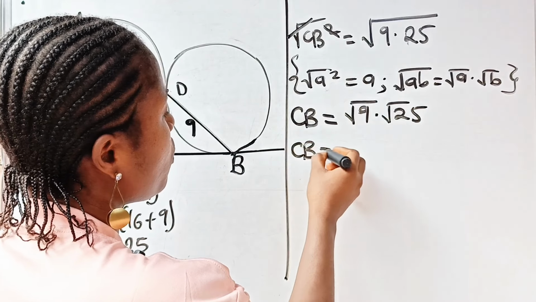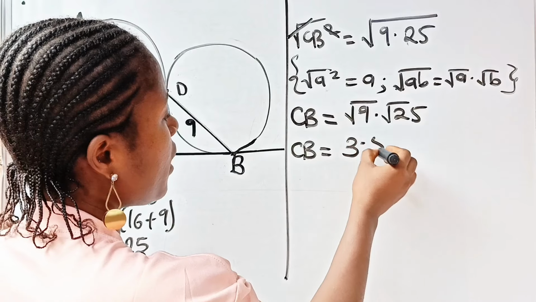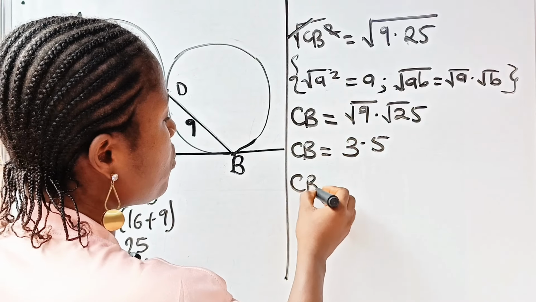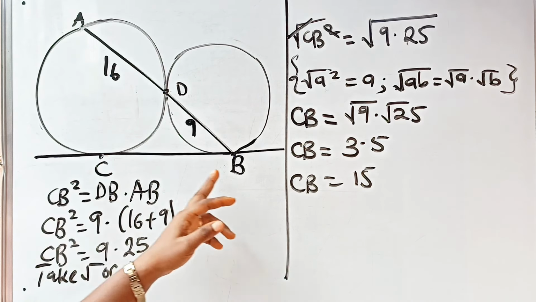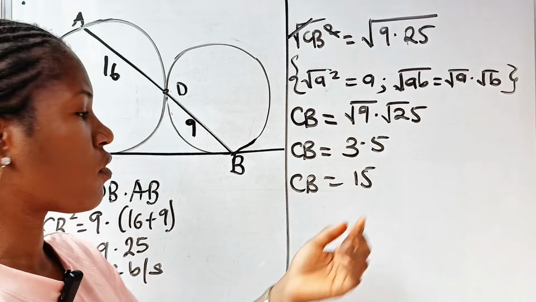So CB will be equal to 3 multiplied by 5. So CB will be equal to 15. So it means that this length from C to B is equal to 15.